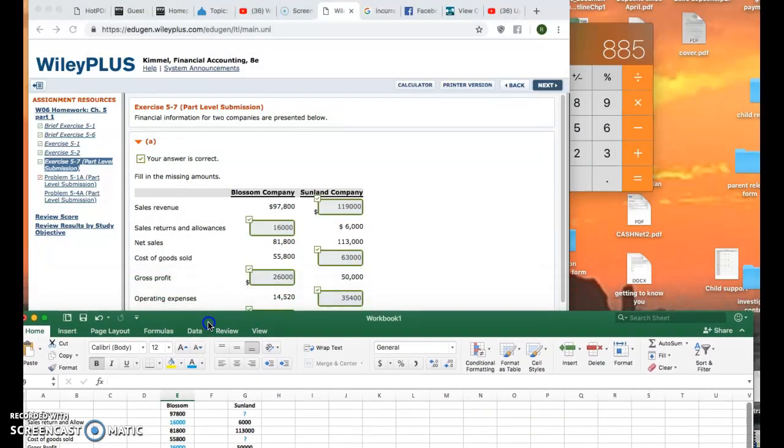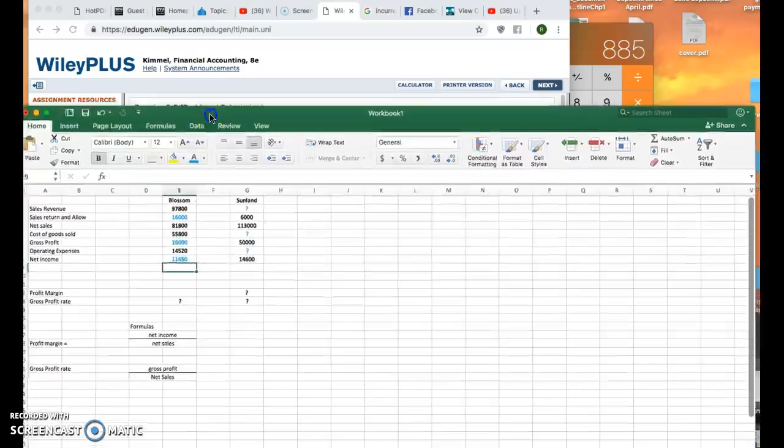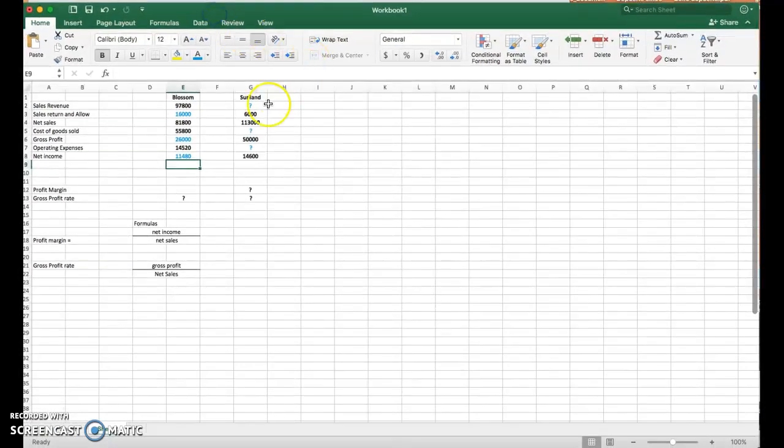So we got 1626 and 1148. Okay, and then in order to find sales revenue, we're going to add these two together. The sales return and allowance and the sales revenue. No, net sales.